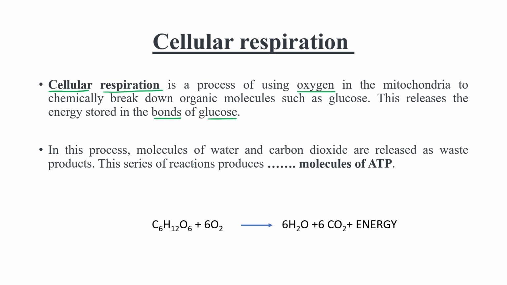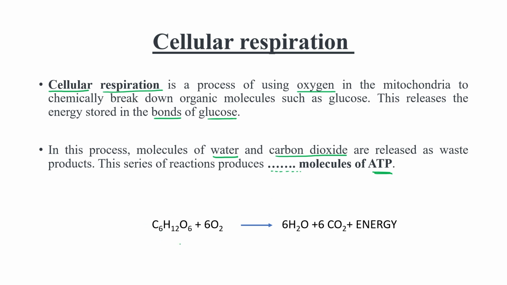During this process, molecules of water and carbon dioxide are released as waste products. And in various steps, some amount of energy is also released in the form of ATP, which the cell further utilizes to carry out its various metabolic activities. So this is cellular respiration.